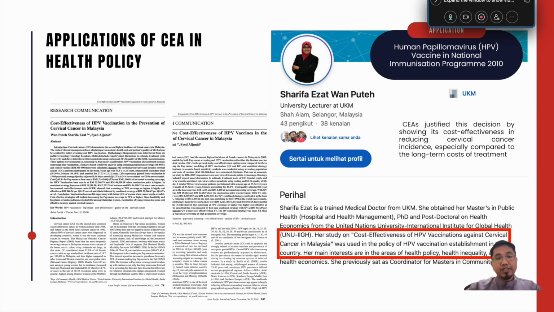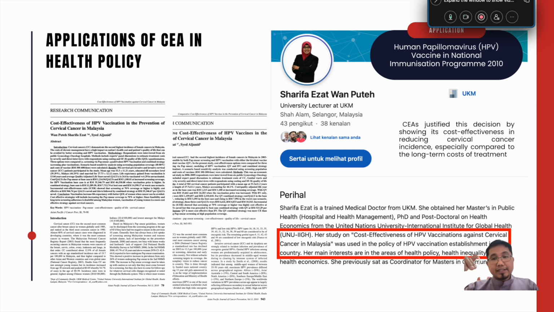During her PhD, she did the cost effectiveness of HPV vaccination against cervical cancer in Malaysia. Based on her PhD study, the CEA supported the decision by showing its cost effectiveness in reducing cervical cancer incidence, especially compared to the long term cost of treatment.